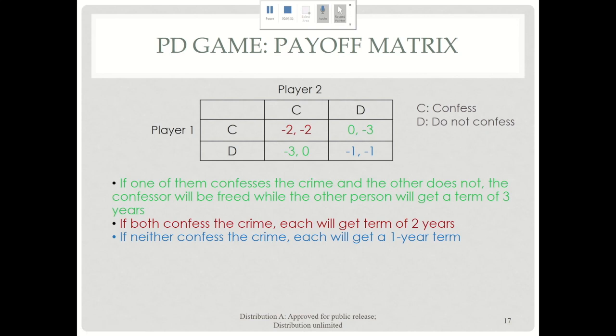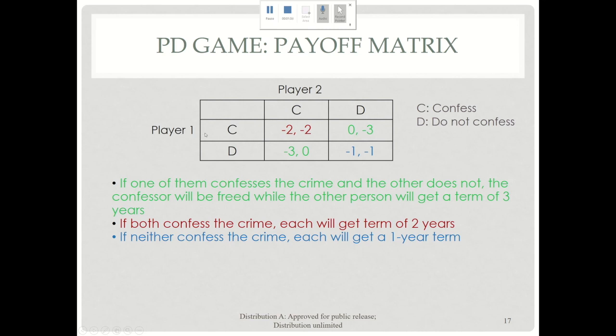Okay. Let us spend a little bit of time looking at how to fill up the payoff matrix from the statement of the game. So I've color coded this. Let's look at the green font first. It says if one of them confesses the crime and the other does not, the confessor will be freed while the don't confessor gets a term of 3 years.